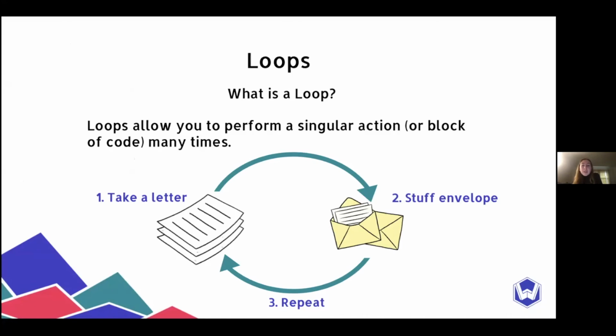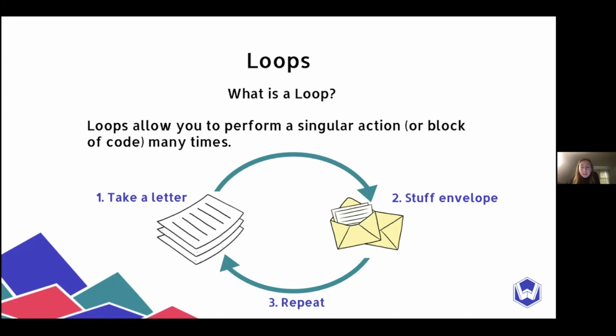Okay, so sometimes you want to perform some action many times, either until a specific condition no longer holds, or perhaps you want to do something to a large set of data. So loops are what allow you to specify running this particular code block many times or until the conditions of that loop no longer hold. So I kind of created an example here, just in case you needed to conceptualize loops. Consider the concept of mailing out holiday letters.